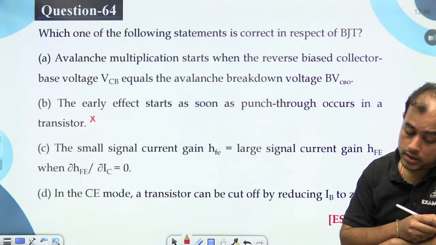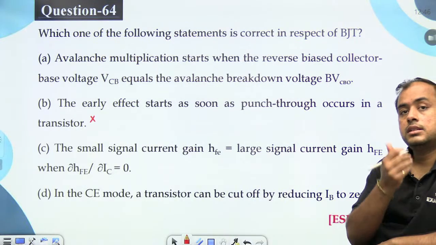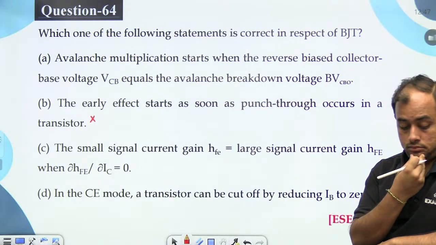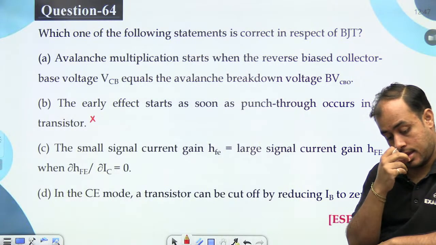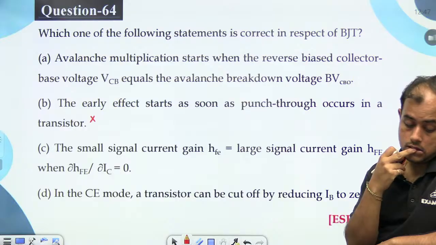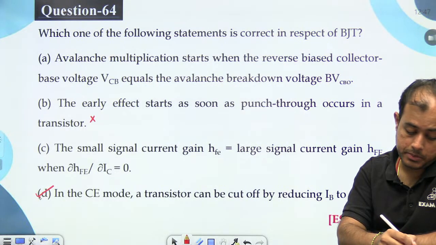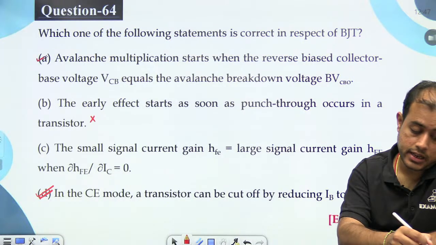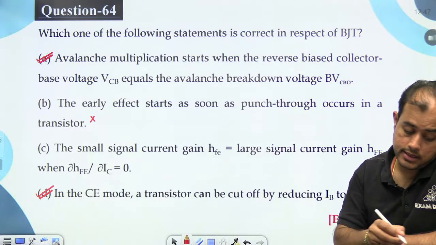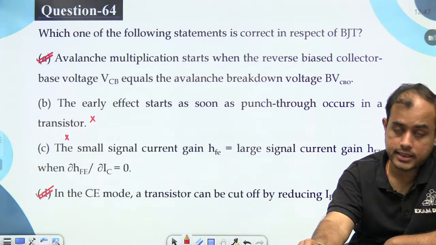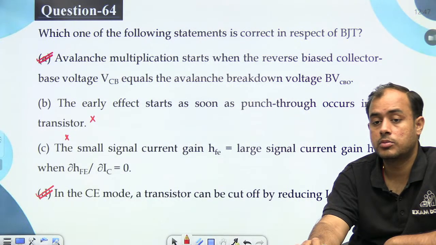In common emitter mode, a transistor can be cut off by reducing IB to 0. यार ये भी सही है, कॉमन एमिटर में IB को 0 करेंगे तो. और ये भी सही है, एवलांचे ब्रेकडाउन स्टार्ट्स व्हेन द वोल्टेज इक्वल्स. ये गलत है. स्मॉल सिग्नल करंट गेन और लार्ज करंट गेन इक्वल तो नहीं होंगे. एक बार देख लेते हैं यार, इसको ना चेक कर लेता हूं मैं.